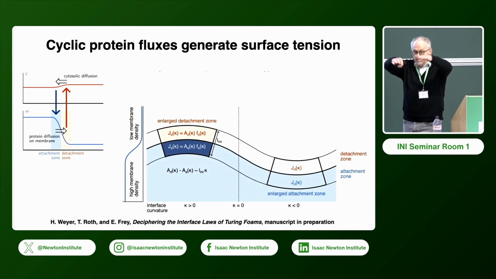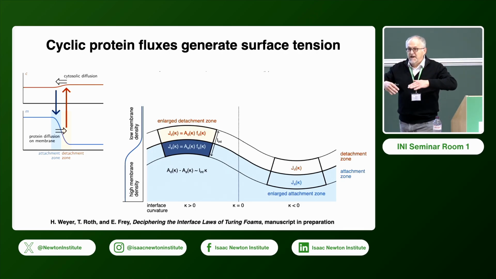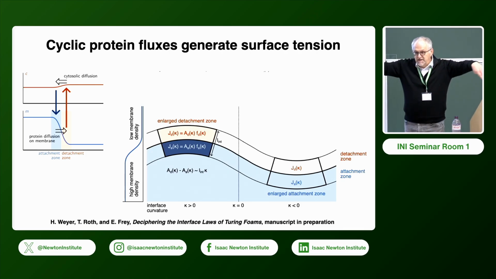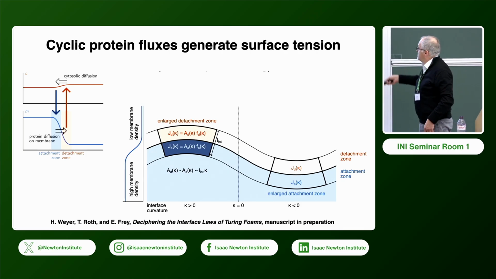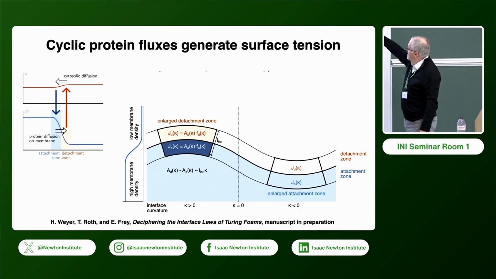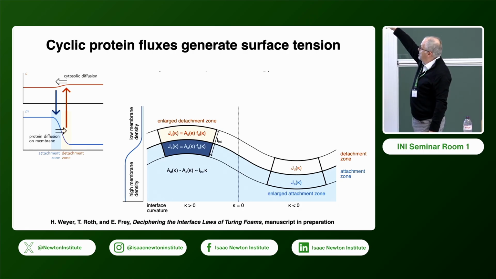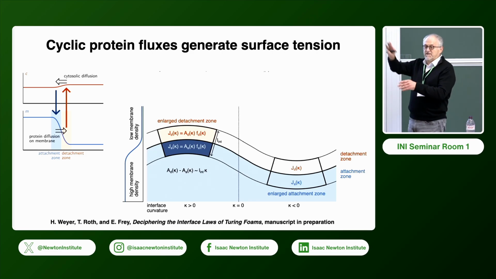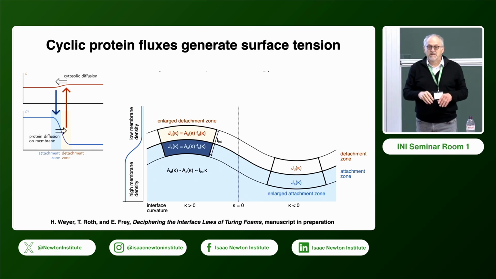Now I'm on the membrane, and I'm looking at a curved interface on the membrane. So again here, this is high concentration of membrane proteins, and that's low concentration, and the bulk is underneath. So it's looking onto the surface of this membrane.